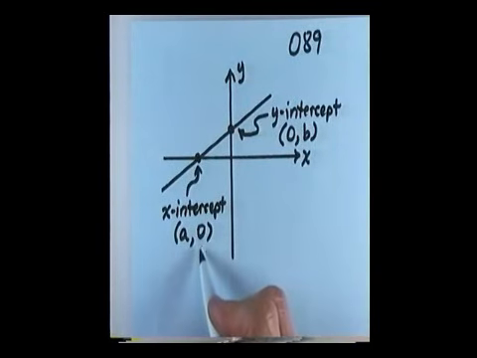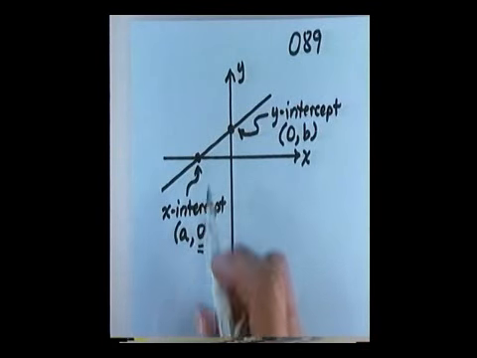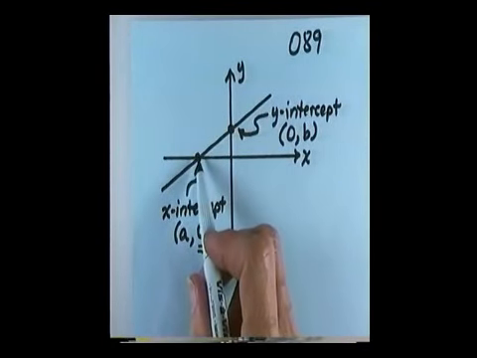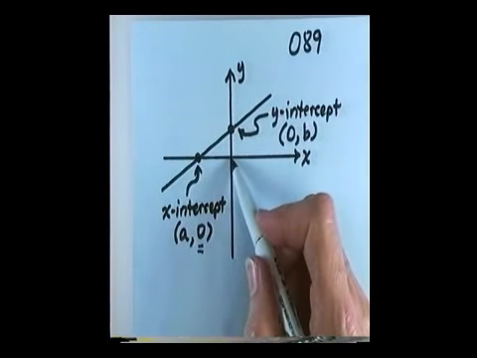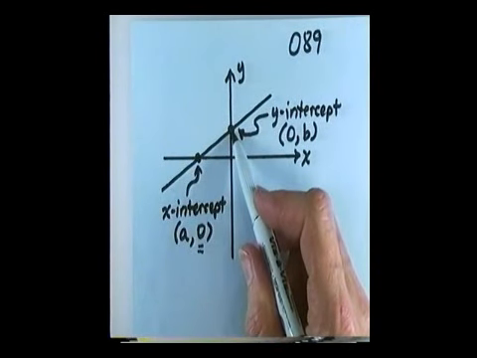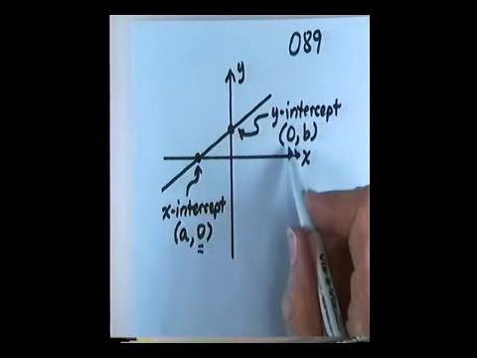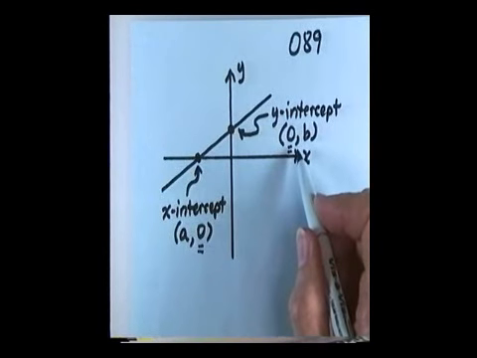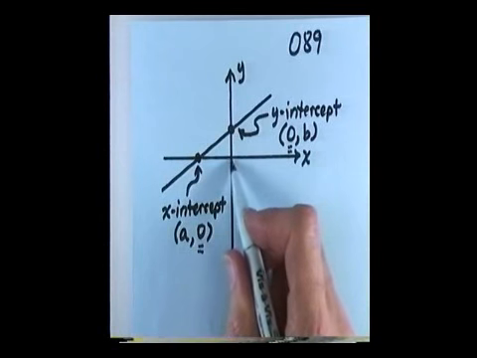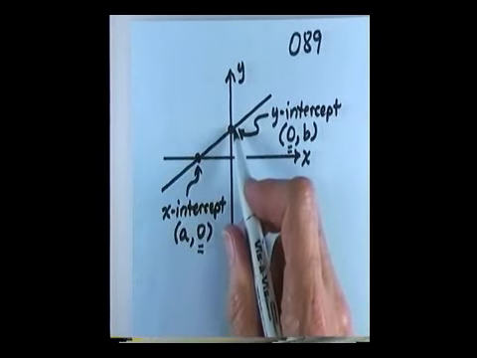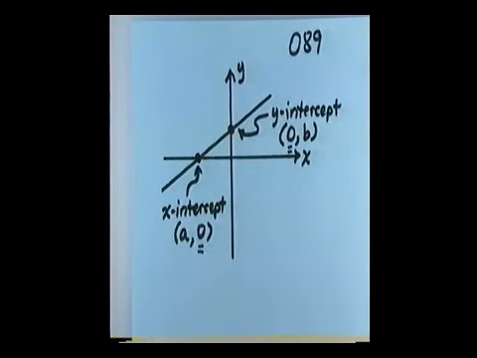That is, the 0 coordinate would mean we don't leave the x-axis. Counting from the origin, we go none sideways, and then, in this case, up b units. So the 0 coordinate of the y-intercept indicates that we do not move sideways from the origin, but rather either up or down. In the case of my drawing here, we would move up.